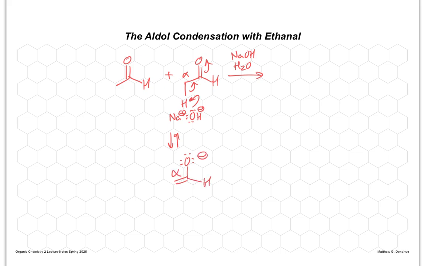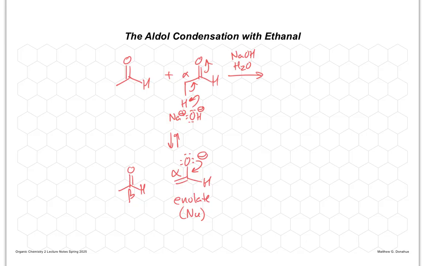I'm just going to keep labeling that alpha so we can track things. So enolate, that's the nucleophile. Now it's going to react with just the aldehyde itself. I'm going to put beta under there, because that's going to become the new beta carbon.